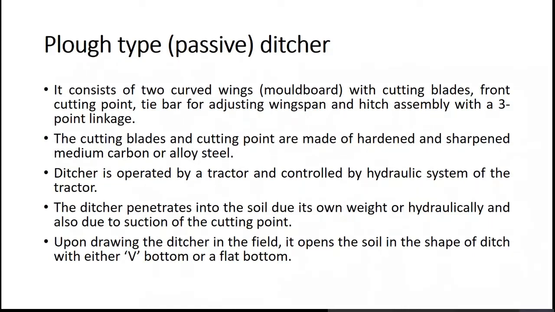That means when a sharp object is being penetrated into the soil, if we attack the soil at a certain angle, the penetration will be easy. So because of that angle, we say suction.